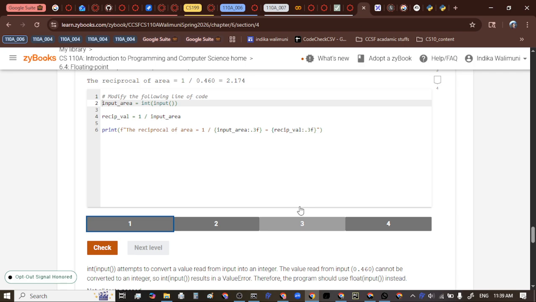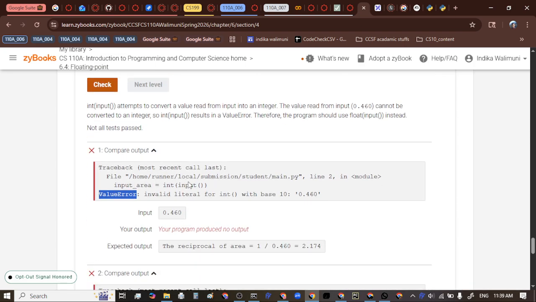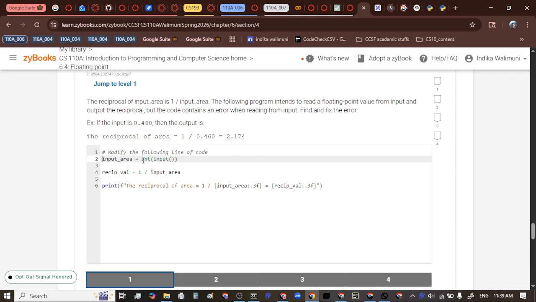So why is that? For int, it's right here.